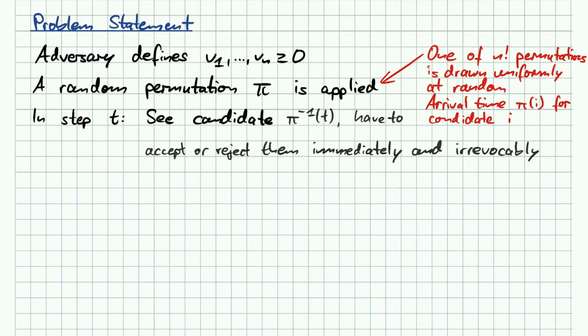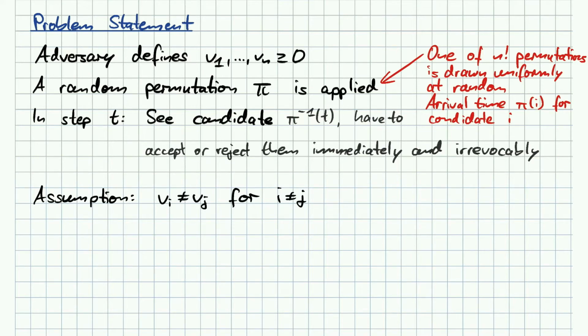And as a simplifying assumption, we say that all these values are distinct. This helps us to state the problem or the algorithms much more easily. And this problem is now called the secretary problem.